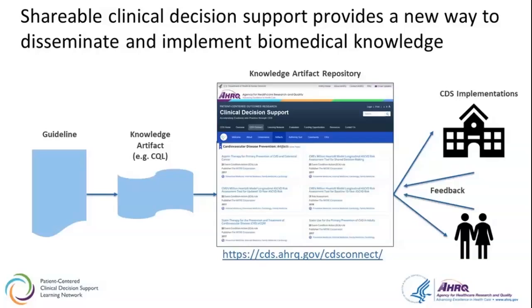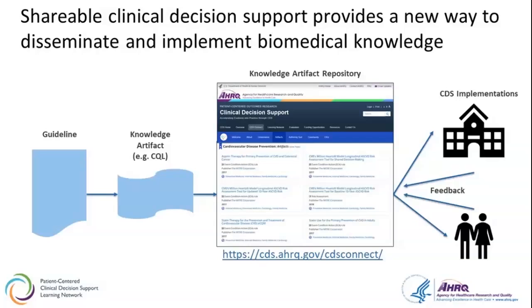If you're not familiar with CDS Connect, it provides a way for developers, providers, and those interested in transforming and translating guidelines into these knowledge artifacts, storing them within this repository from which artifacts can be downloaded and implemented. So if we go to the far right of the slide, they can be implemented, say, within hospitals, or if we look to the future, maybe even directly downloaded to patient smartphones.